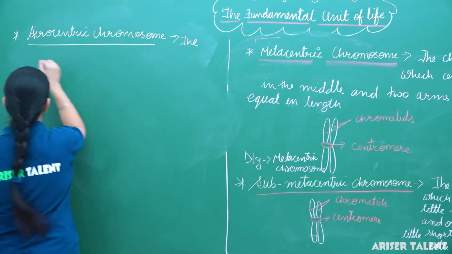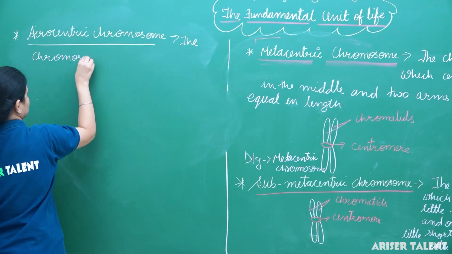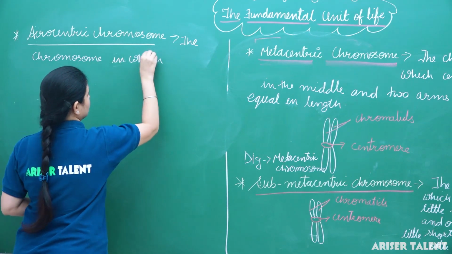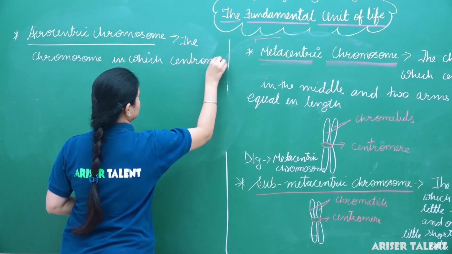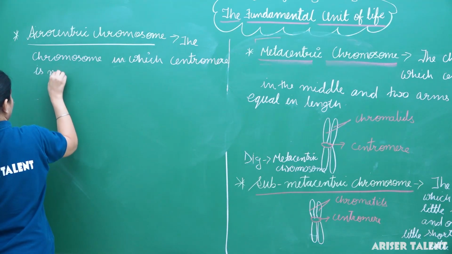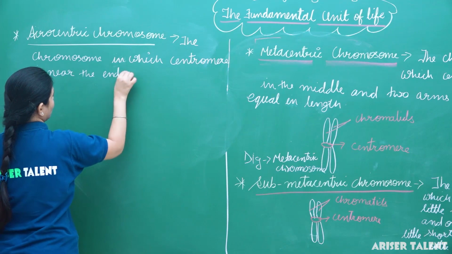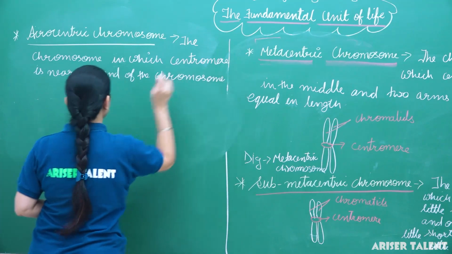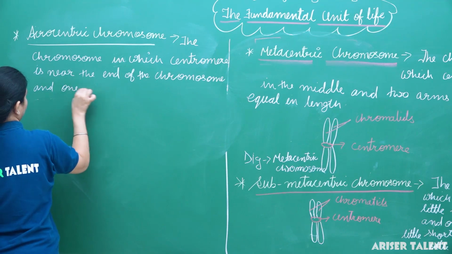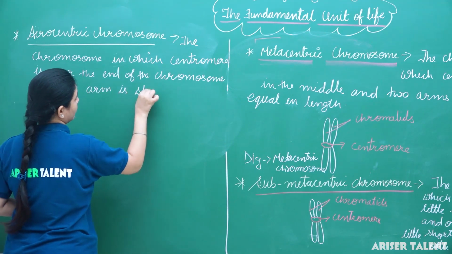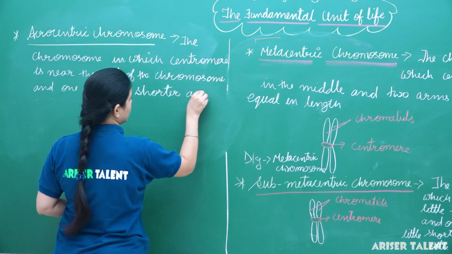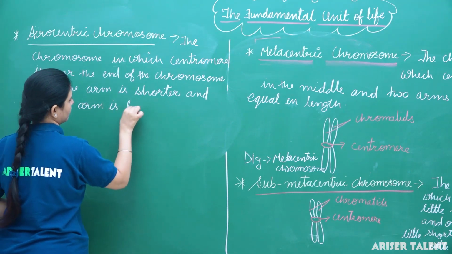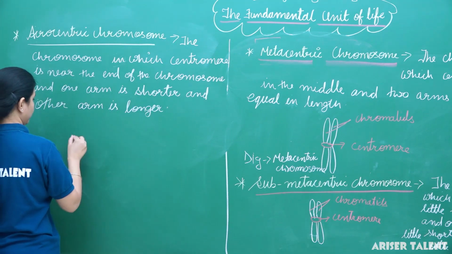The chromosome is the chromosome in which the centromere is near the end of the chromosome, and one arm is shorter and the other arm is longer. We can see here.